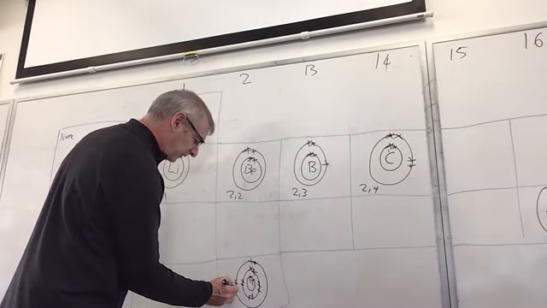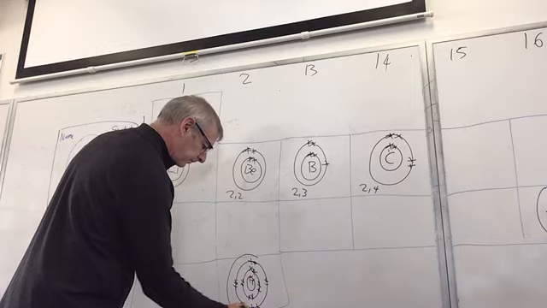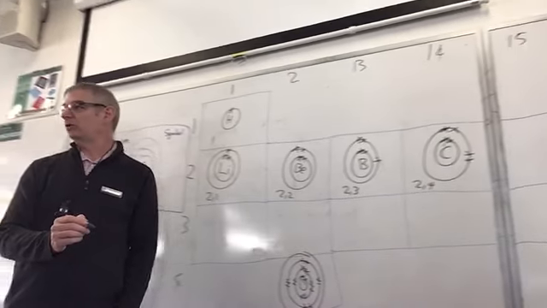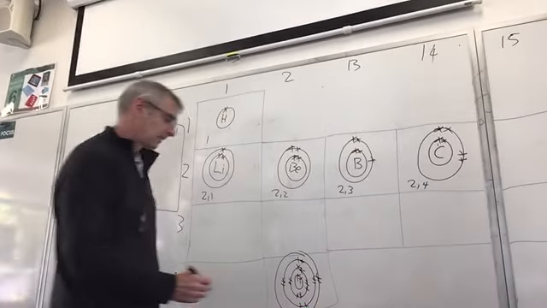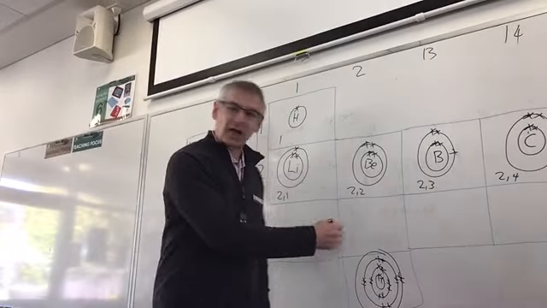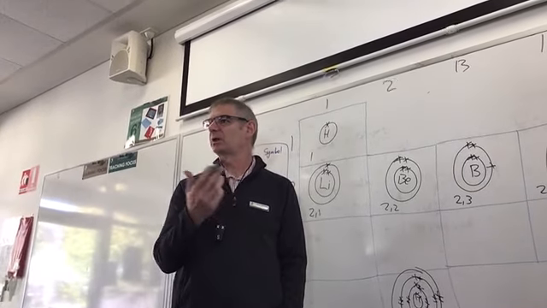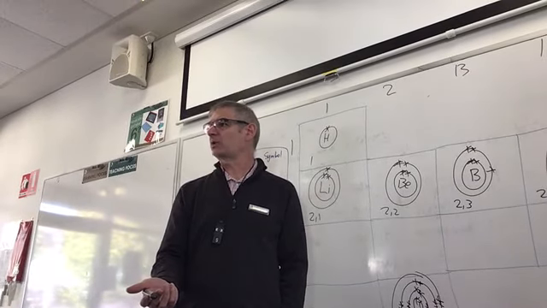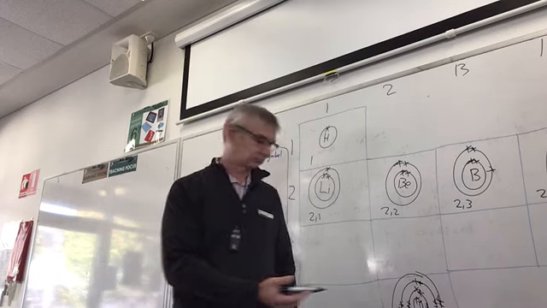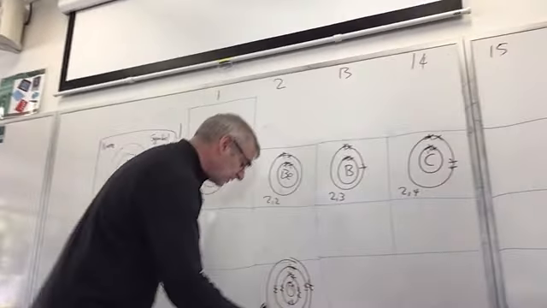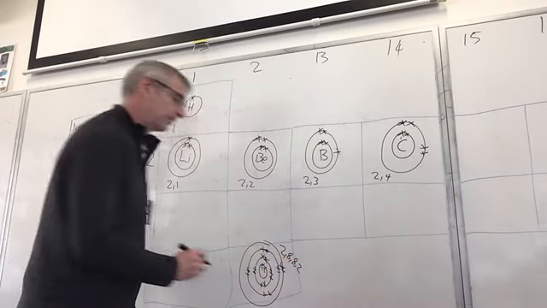And how many in the fourth shell? 2, because we're in group 2. Yep. So if we count those up, we get 20 electrons. 20 electrons, 20 protons, atomic number of 20, so we must be calcium. So this is calcium. It's got an electron configuration of 2, 8, 8, 2.